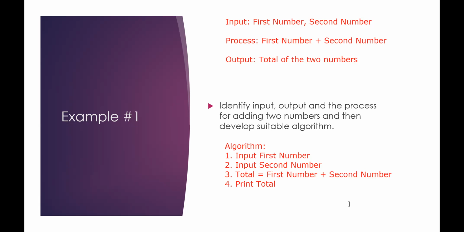So the algorithm is the steps of the solution. So how do you solve it? Later in this session, we will learn how to convert these steps into programming instructions, using a suitable programming language, so we can convert these statements into a program. That's exactly what we are going to learn.